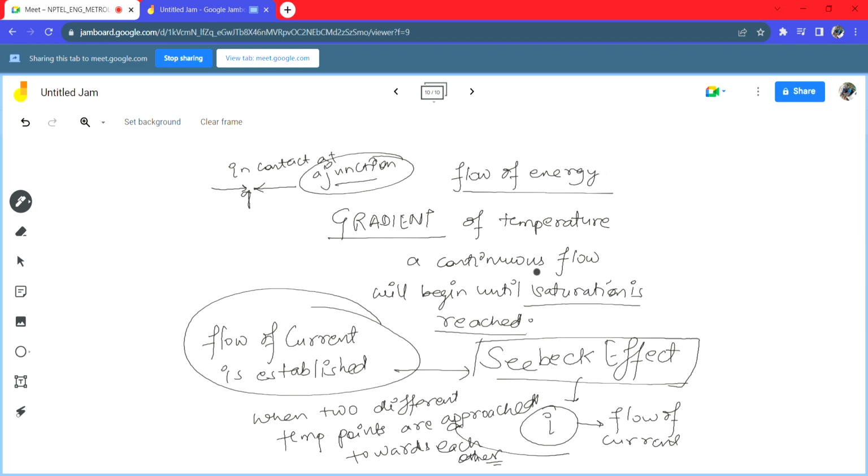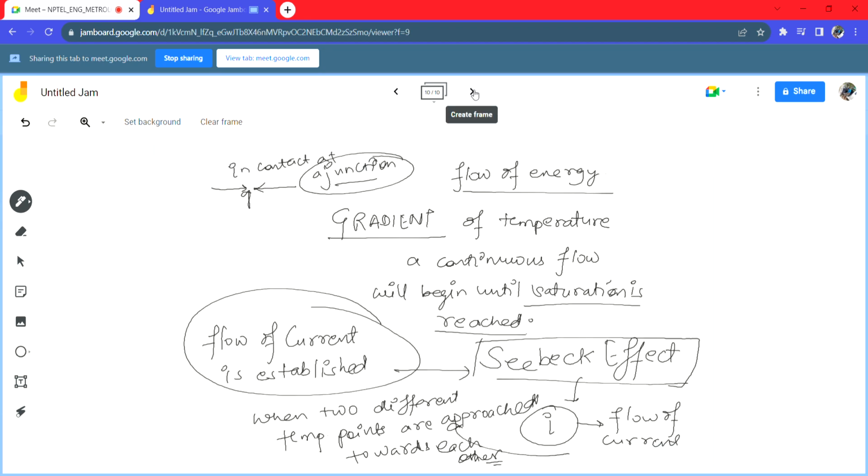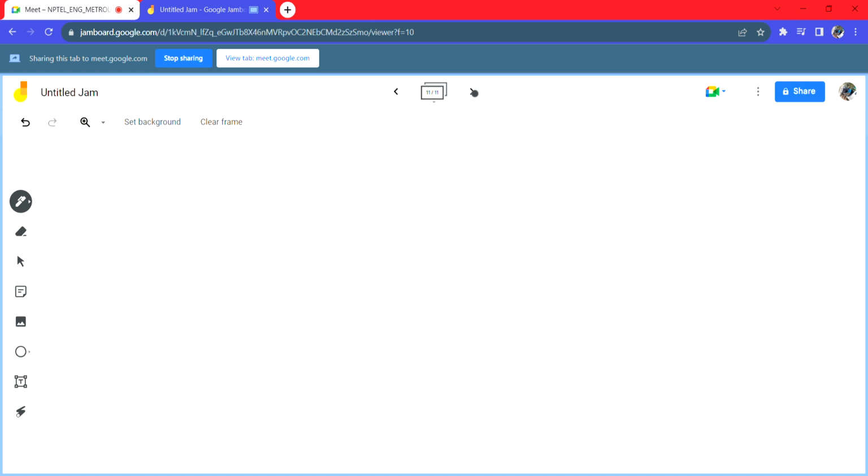So this basically is called the Seebeck effect, where two bodies at different temperatures, when brought together, start to develop a current in a closed loop. Just like we had seen in this example, in this figure, we have a hot junction or a hot point, and we have a cold junction or a cold point, and here we put our thermocouple.